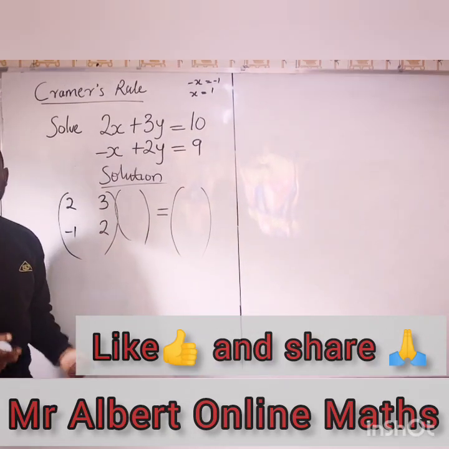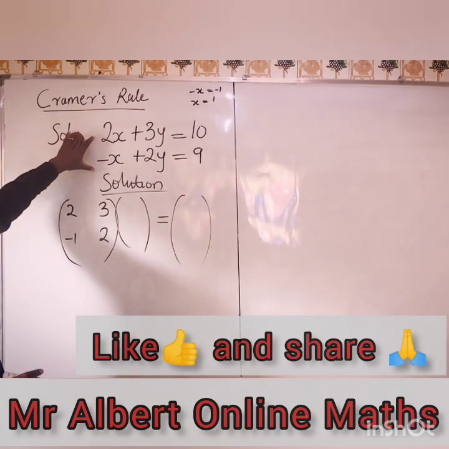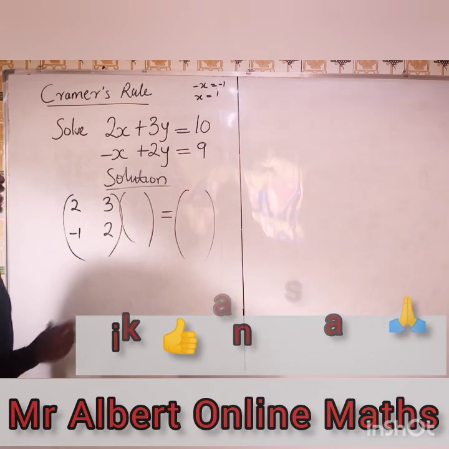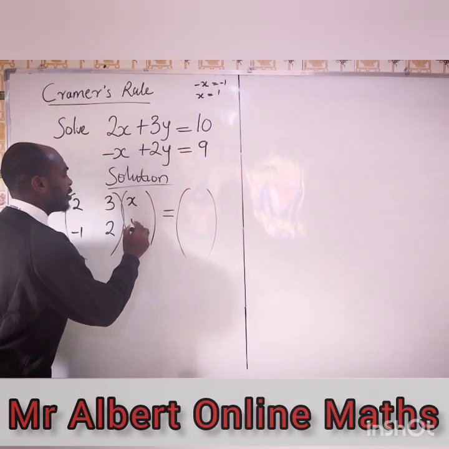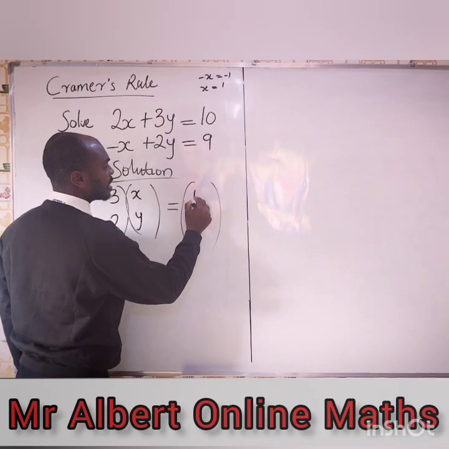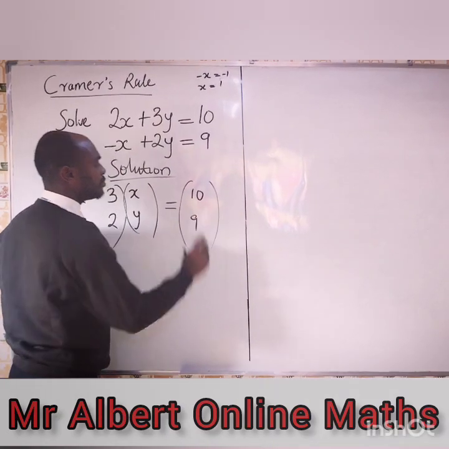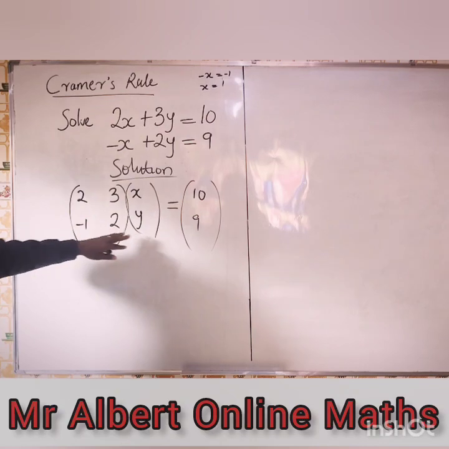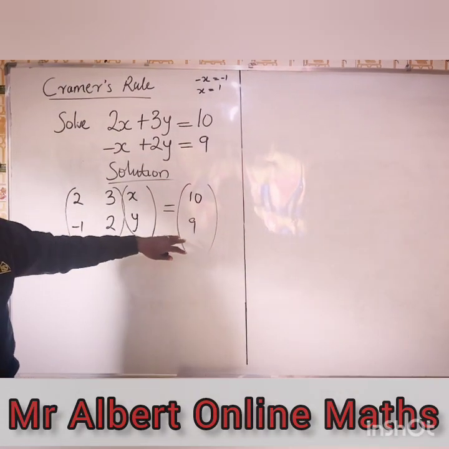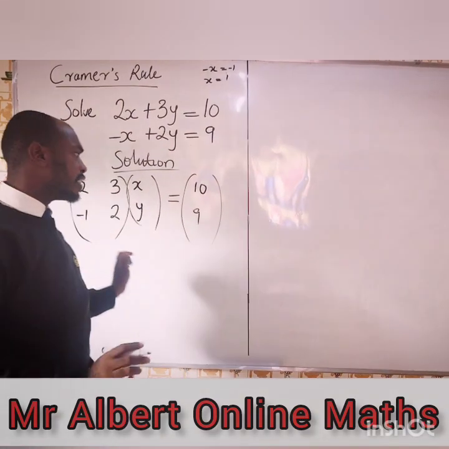The variables involved in these questions are x and y, so we put the variables x and y. Then we have the constants 10 and 9. This is how to represent it in matrix form, but you can do without this particular step.